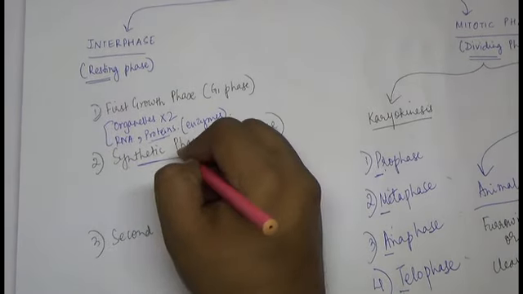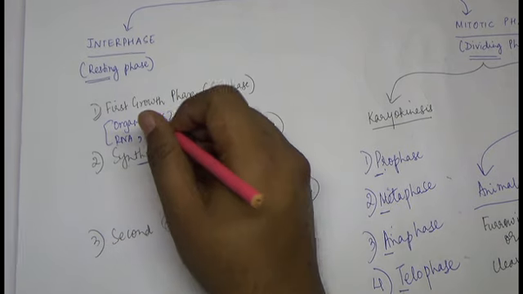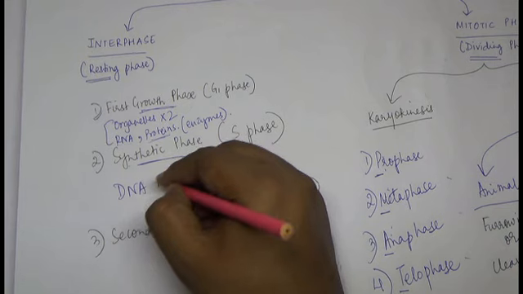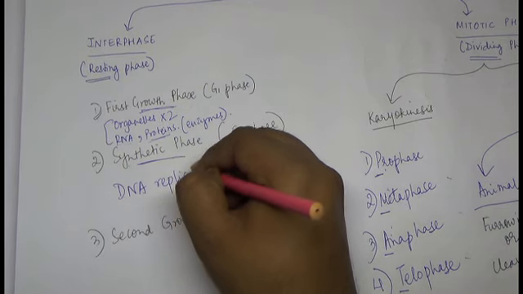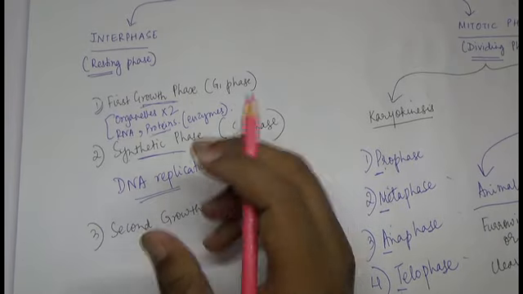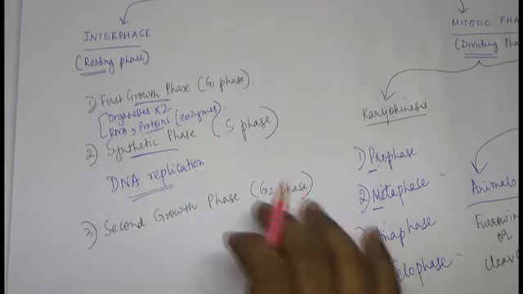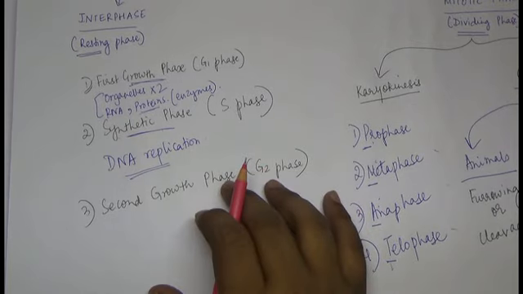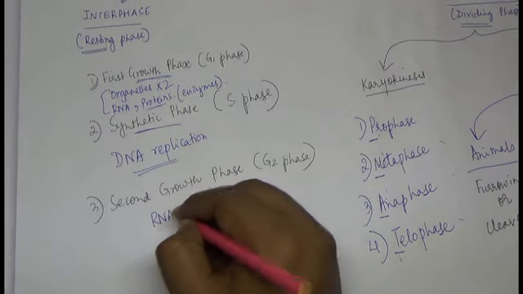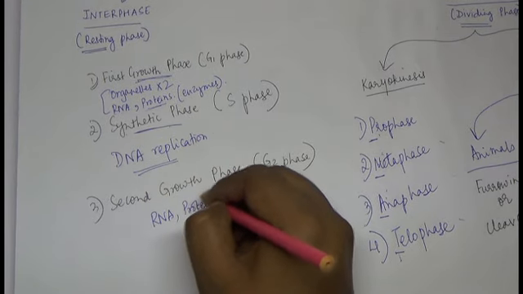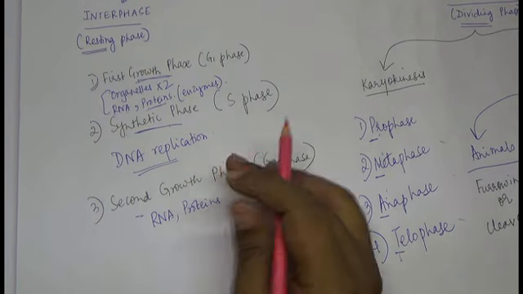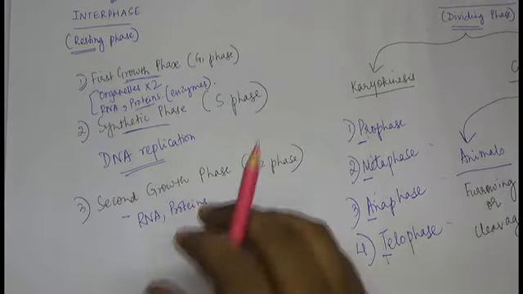Synthetic phase is absolutely reserved for DNA replication. The DNA doubles its size in this phase. Coming to G2 phase or the second growth phase, basically the RNA and proteins continue to be produced here, and the second growth phase is basically a checklist.